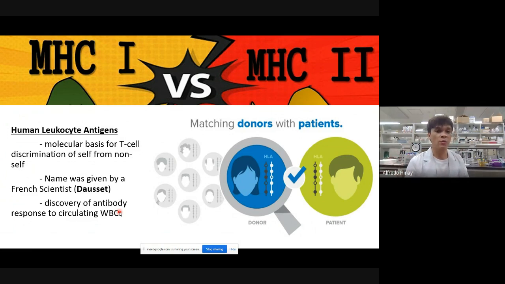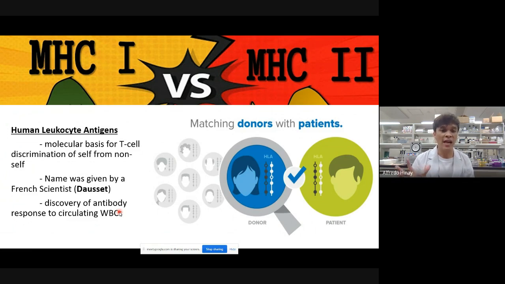Okay, so your HLA or human leukocyte antigen was named by a French scientist, Dausset. And the main reason why they are called human leukocyte antigen is because it was first discovered on your leukocytes.